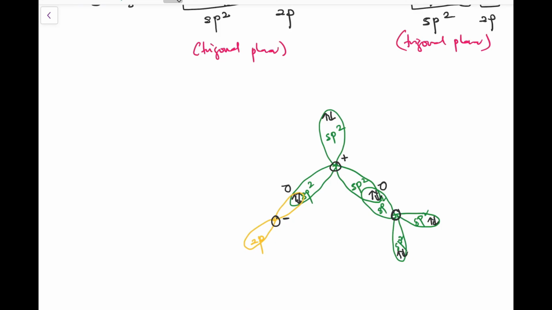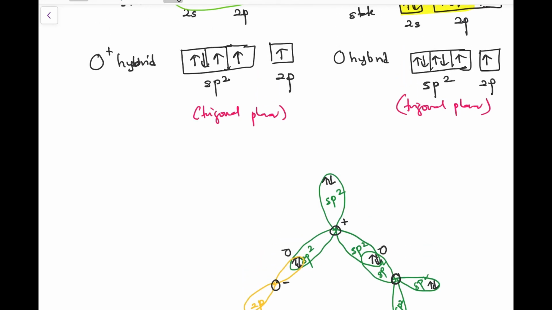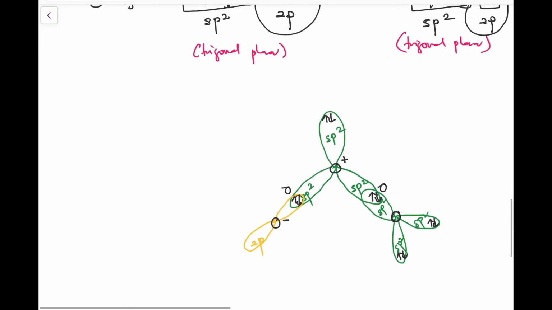So we have already drawn all the atoms. Now we have a 2p orbital and also a 2p orbital. So this is the 2p orbital at O plus, and this is also the 2p orbital at oxygen.